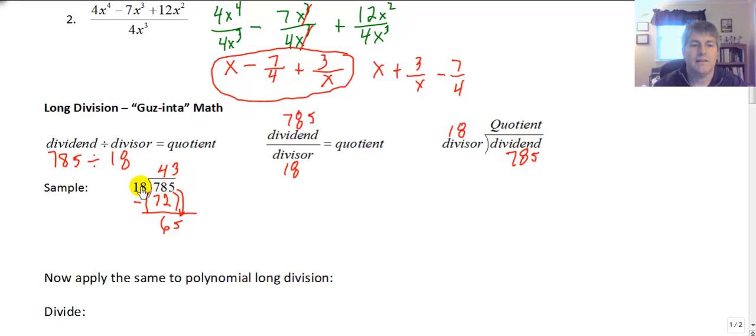So 18 times 3, multiply back, is 54. So then we subtract 54. Notice I'm putting that in parentheses and then subtracting the entire quantity. That's a skill that we're going to need in just a few minutes. So 65 minus 54 is 11.